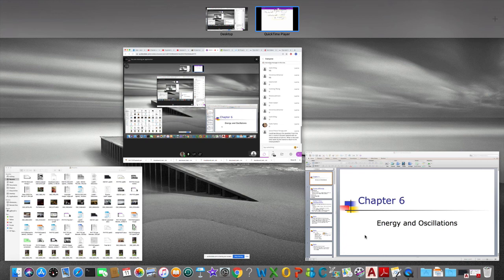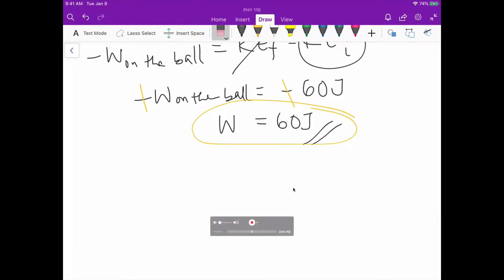So the next item is another kind of energy. So that energy is gravitational potential energy.